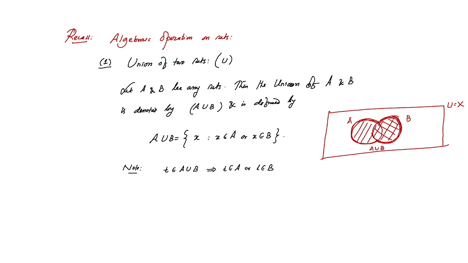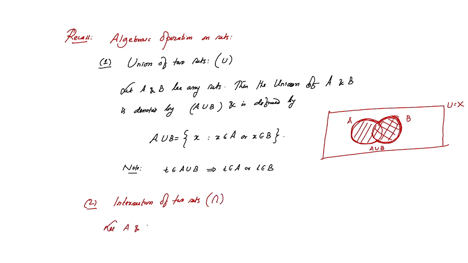Now we come to the second important operation. This is the intersection of two sets. The intersection symbol is like this.